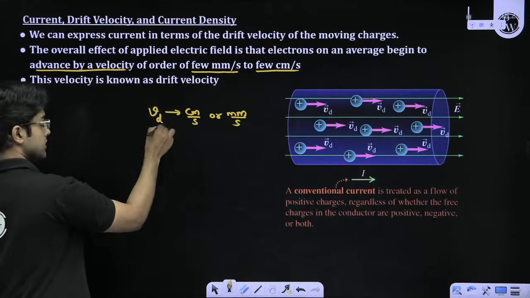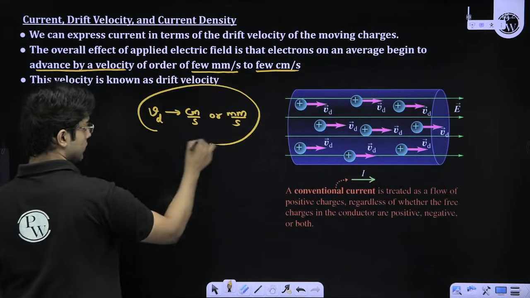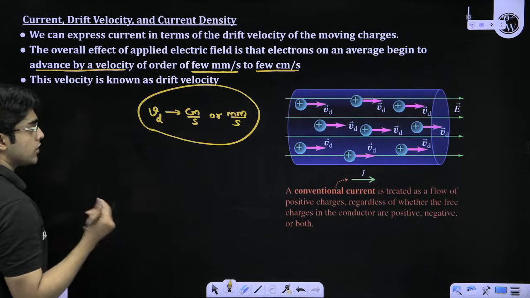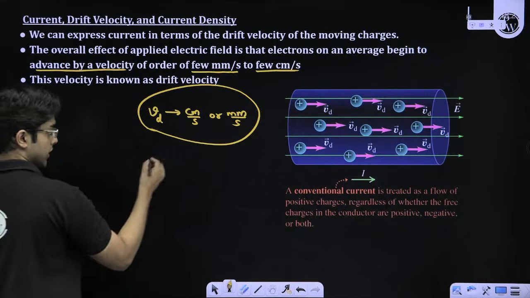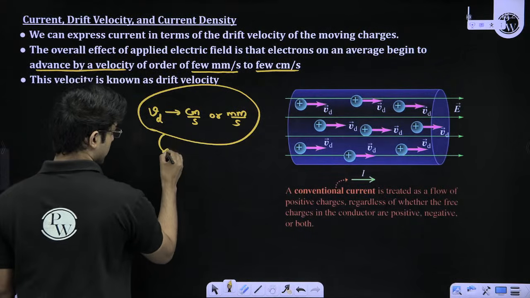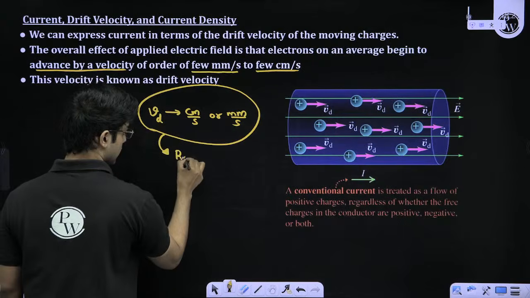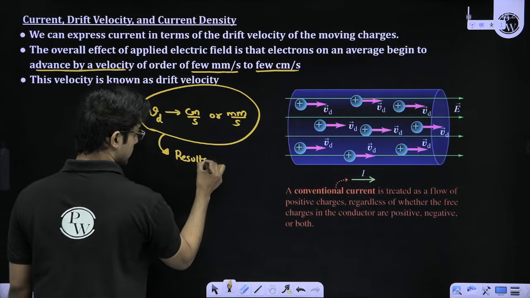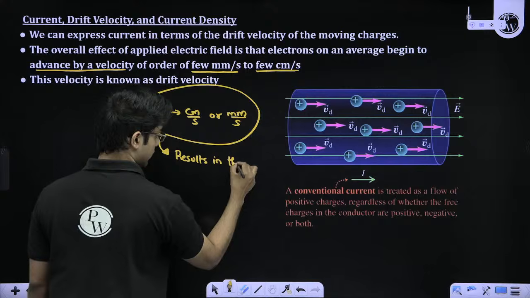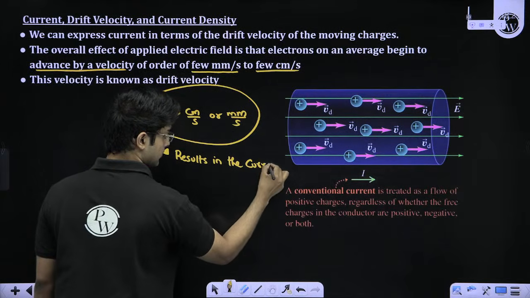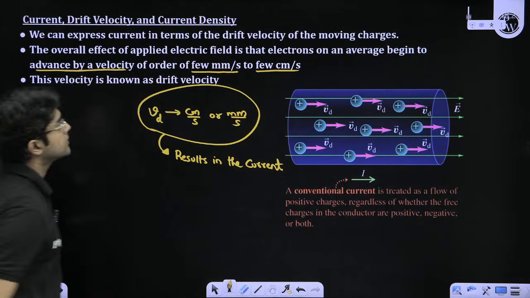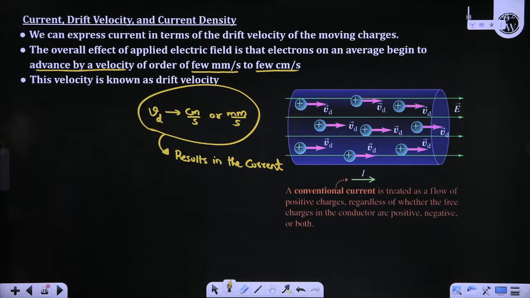But it's this drift velocity of the electrons, this extra drift speed of the electrons, that results in the current in the conductor.